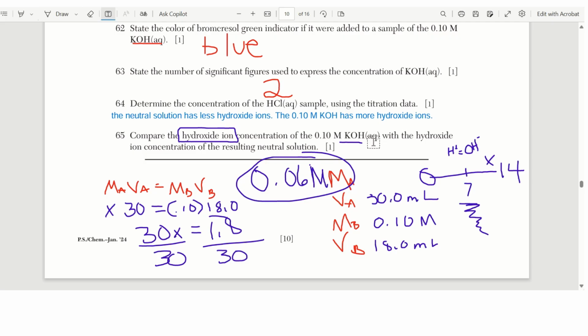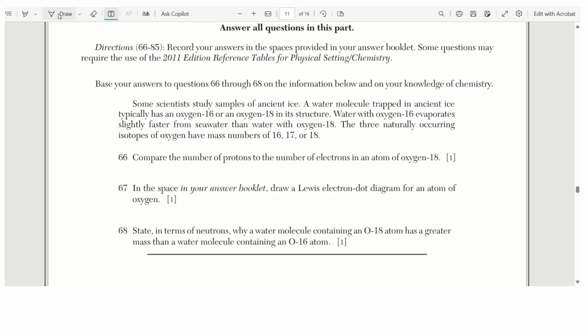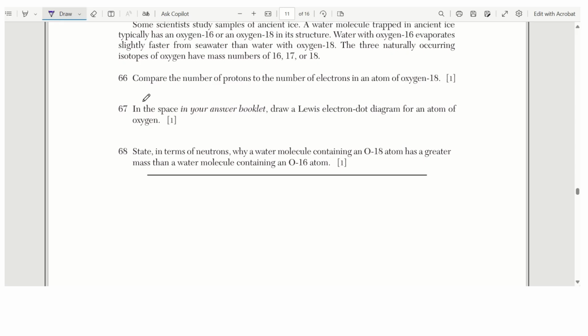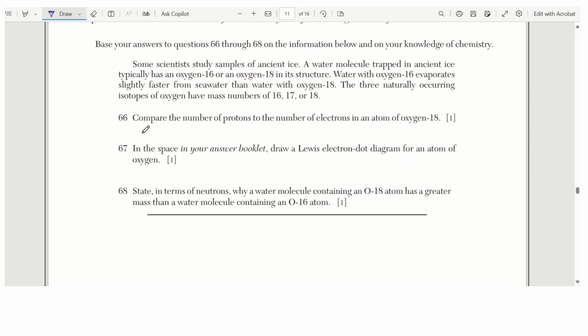One section left. All right, time for part C, the last short answer questions. So 66 through 68. Compare. Love a compare question, right? So compare the number of protons to the number of electrons in an atom of oxygen 18. Well, I don't quite frankly care. It's an atom of what?